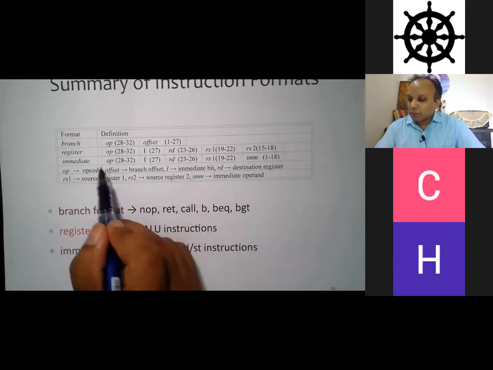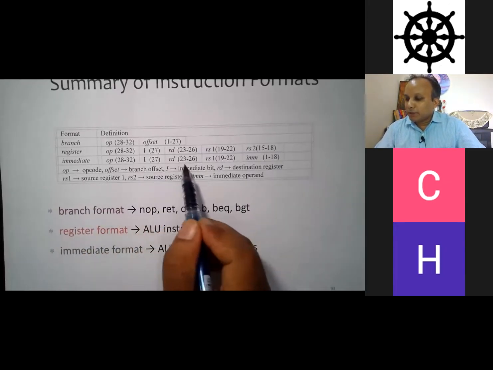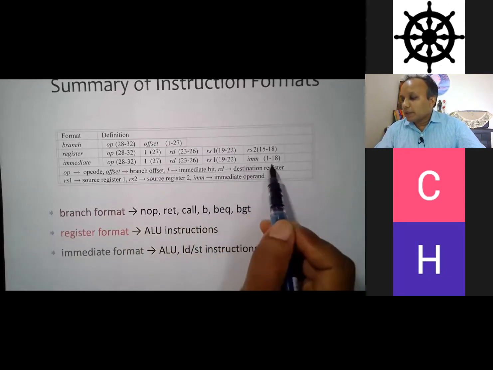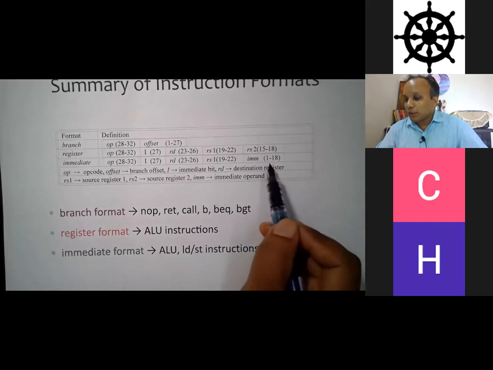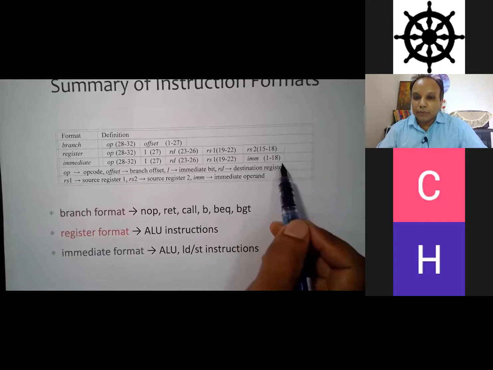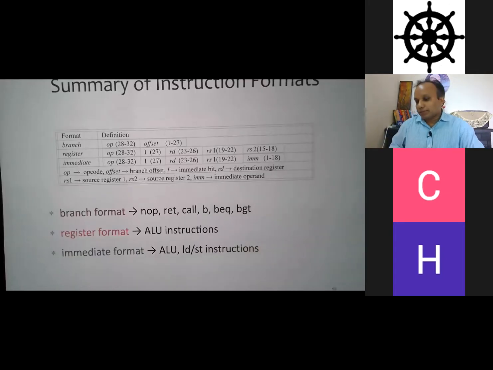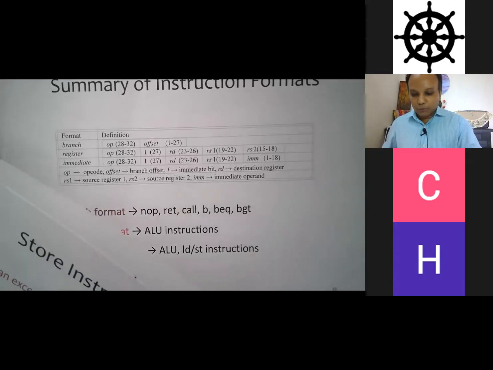For immediate, this still remains the same, only the difference is that you have an immediate address with the modifier stored in these 18 bits. All right, so I think we have spent enough time on these things, so I'll pause for any quick question and then we'll move to functions.